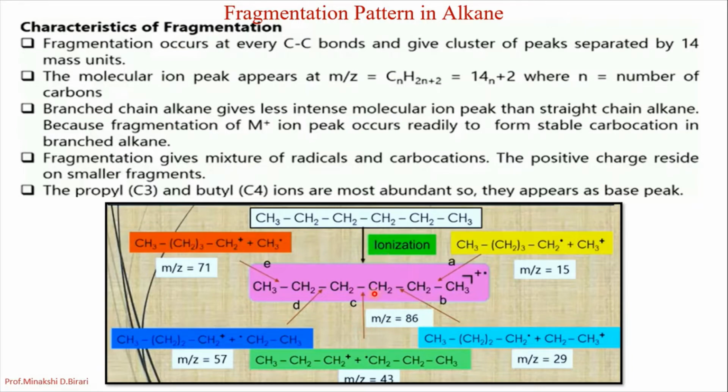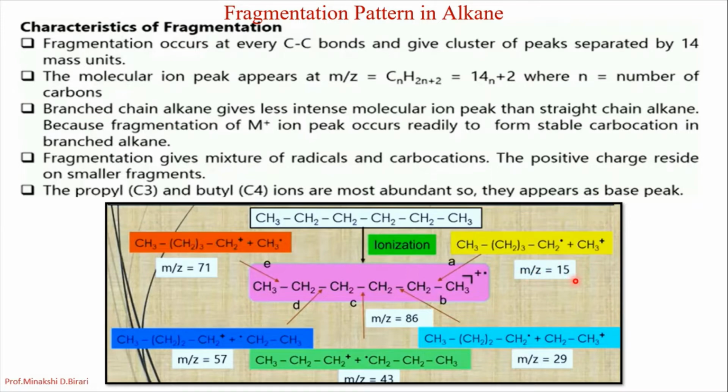So the first step: the hexane on ionization gives the molecular ion peak at m/z equal to 86. So first ionization occurs and we get a peak at m/z 86. Now the first fragmentation, at this carbon-carbon single bond: the cleavage of the carbon-carbon single bond gives CH3(CH2)3CH2 radical plus CH3+, m/z equal to 15.